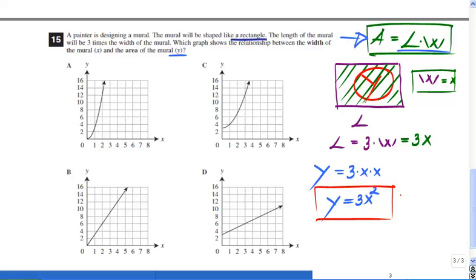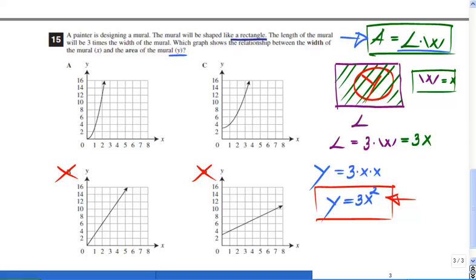By saying that, I can eliminate which of the 4 graphs? If you got B and D as part of your elimination list, you're right, because B and D are linear, and in no case will y equals 3x squared be represented as a straight line.